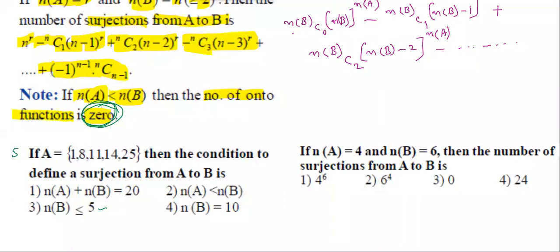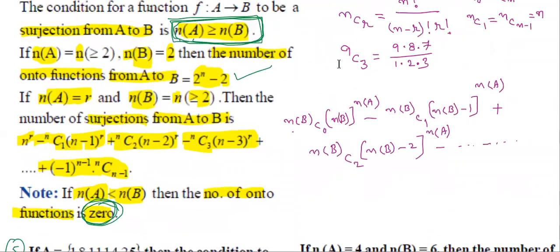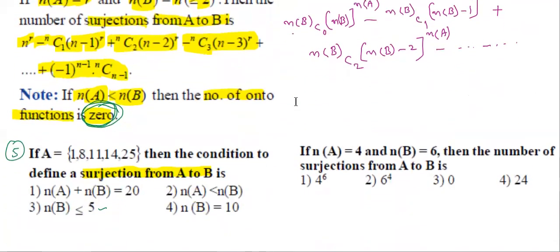This is the fifth question. If A is equal to {1, 8, 11, 14, 25}, then find the condition to define a surjection from A to B. What is a surjection? These conditions must be satisfied, otherwise it is not a surjection. How many elements are there in set A?